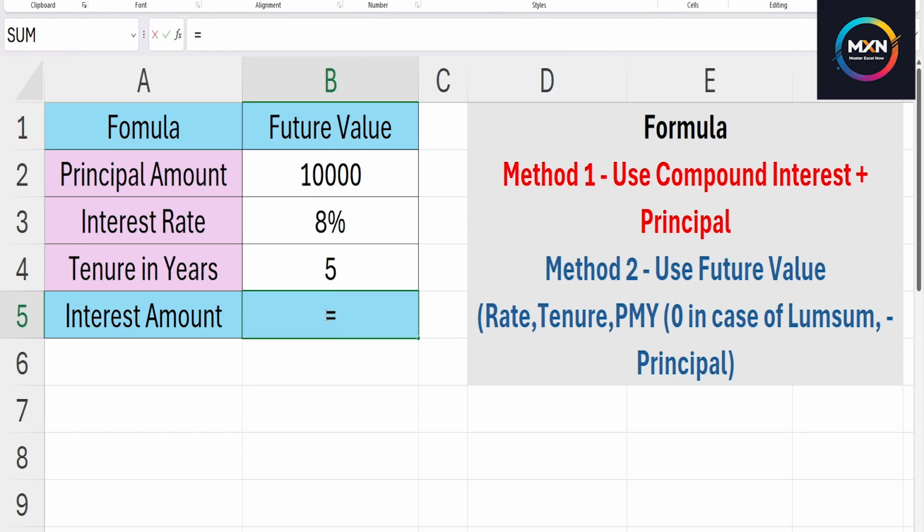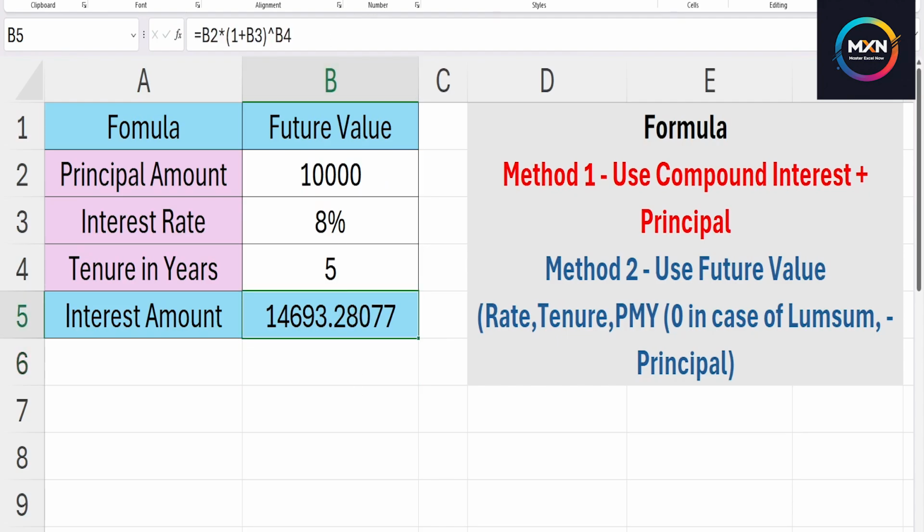So we say equals to principal multiplied by bracket open 1 plus R. R is rate, which is 8%, bracket close, to the power time. Power symbol is the caret. We use a caret symbol here for power, and then we say tenure. The tenure is 5 years, and then we hit enter.